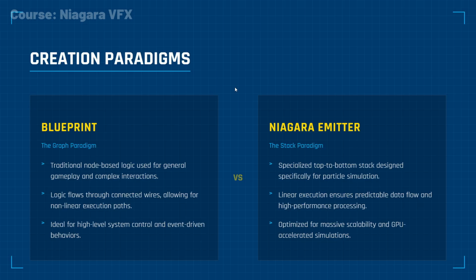While we start creating a Niagara effect, it can be done both ways: using a Blueprint, which is seen in the graph paradigm, or using the Niagara emitter, which you can find in the panel where it's shown, and that is called the stack paradigm.